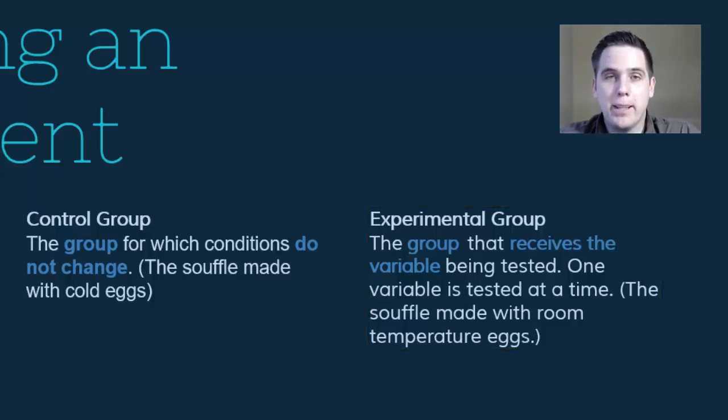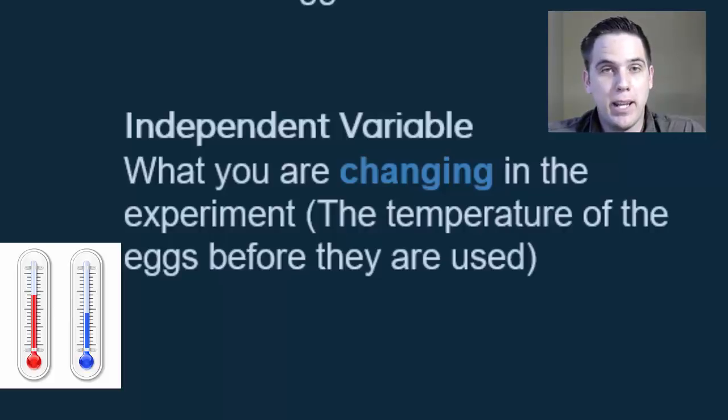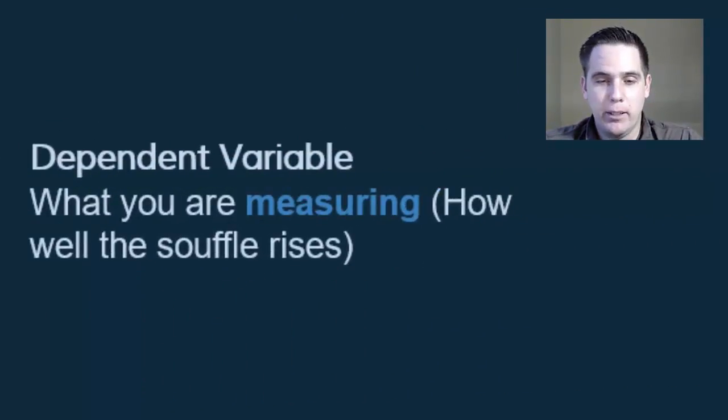And finally, you have to make clear what your variables even are. And there's going to be two types of variables in any good experiment. One is the independent variable. That's what you are changing in the experiment. In this case, the temperature of the eggs before they're used is the independent variable. Your dependent variable is what you are measuring.